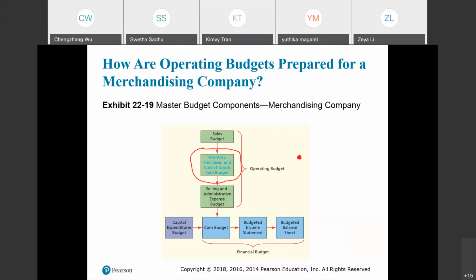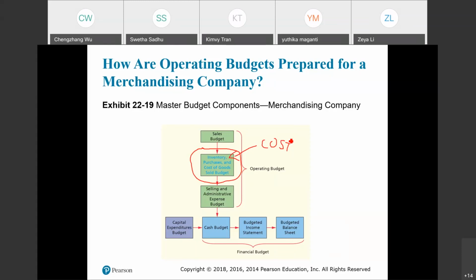For merchandising companies, this part is inventory purchase and cost of goods sold. And do you remember what this part is like for manufacturing companies? Well, very good. For manufacturing companies, this part is the cost, including direct material, direct labor, and manufacturing overhead.